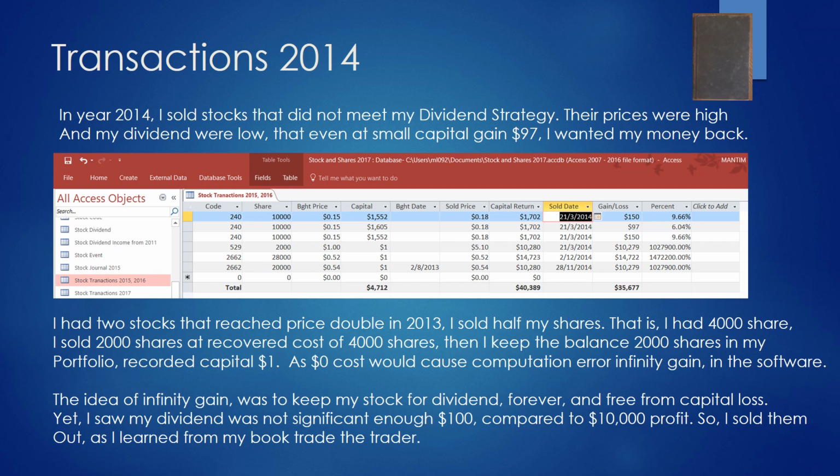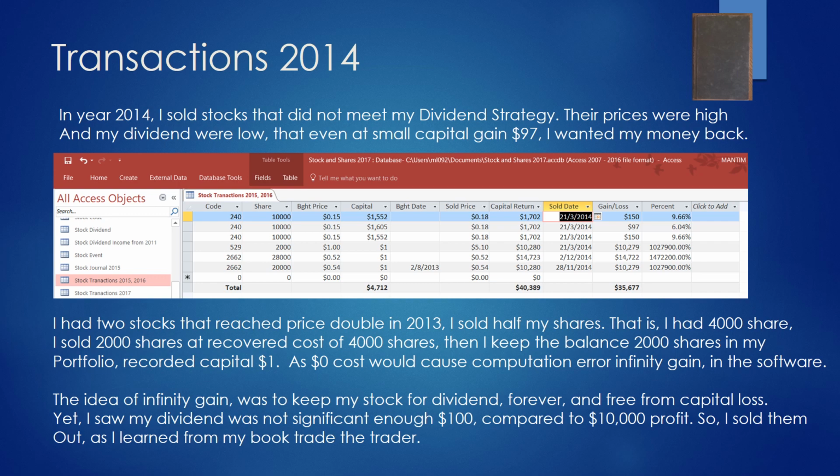I had 2 stocks that reached price double in 2013. I sold half my shares. That is, I had 4,000 shares. I sold 2,000 shares to recover the cost of 4,000 shares. And then I keep the balance 2,000 shares in my portfolio.